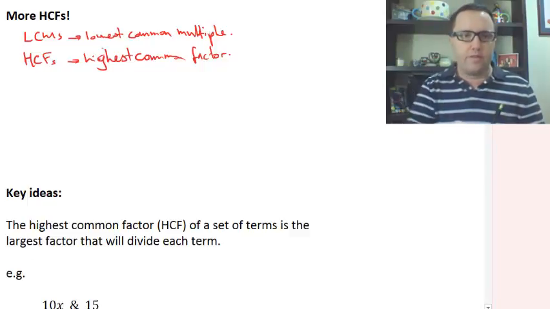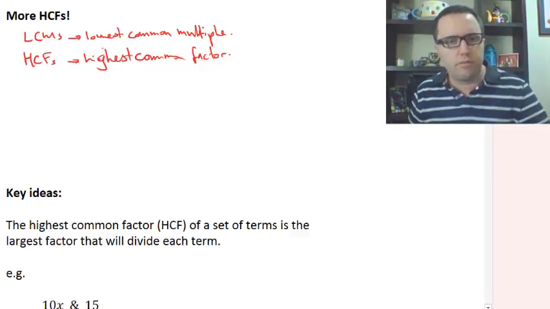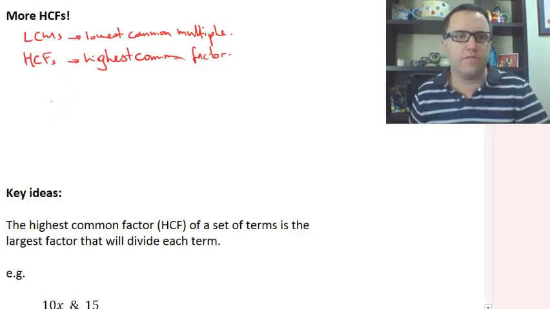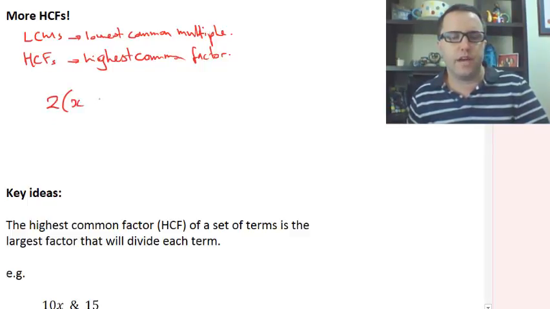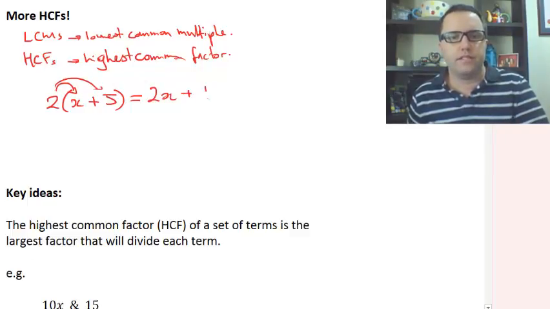Okay, now with this factorizing, you'll probably recognize that it's in the same family of stuff where we just finished with our expanding. So if we had 2x plus 5, remember we expand that out, and the 2 gets multiplied in the x being 2x, the 2 gets multiplied in the 5 being plus 10.